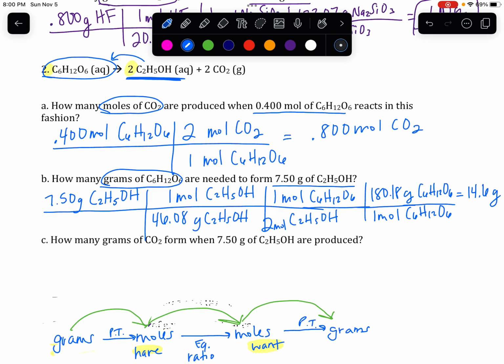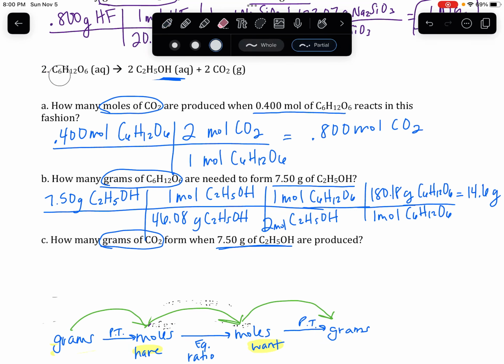If you want to, pause here and then try C. It's exactly the same way that we just set up the previous problem. It's just asking for different things. So you're starting, right? Underline what you're starting with, circle what you're looking for. In our equation, that means we are starting here, and then we are looking for that.